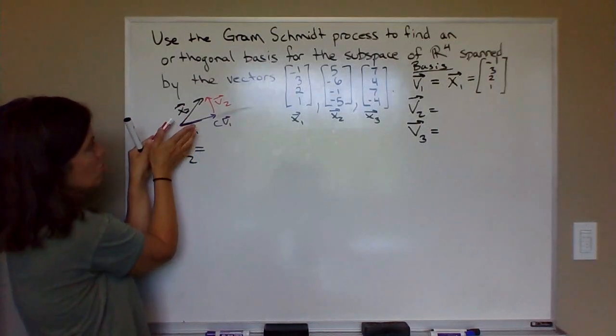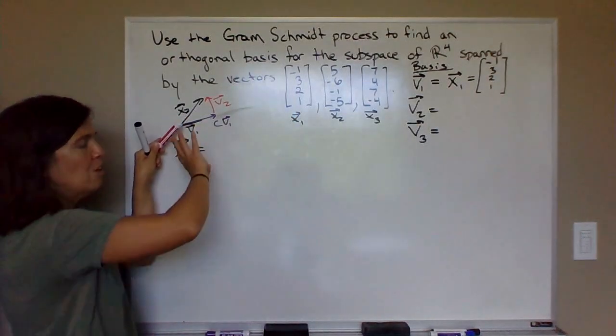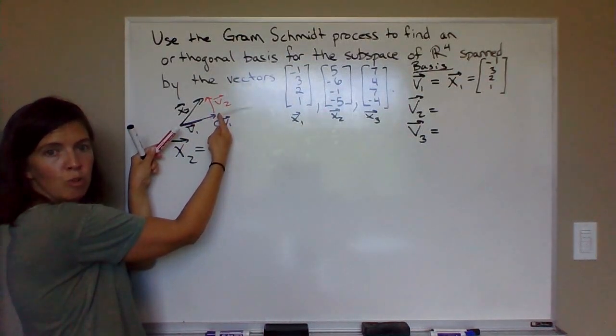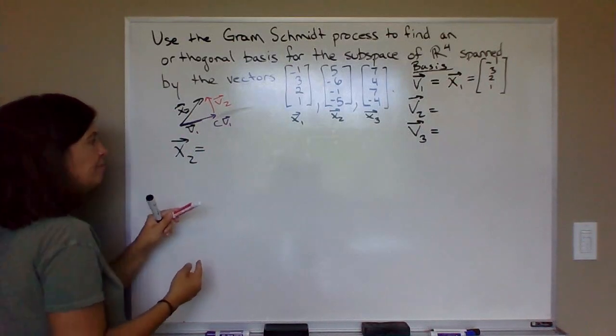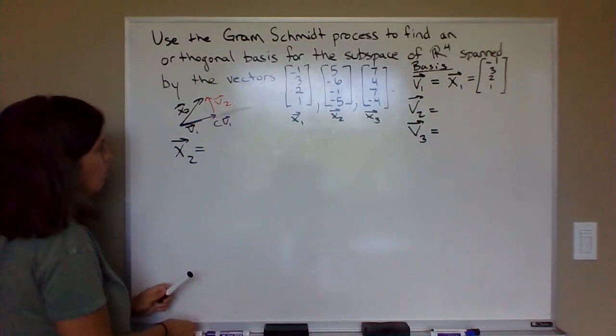So we want to take x2 and say, okay, part of this is already in the span of that first basis vector. I don't need that. That would be redundant. All I need is the component that's orthogonal to v1. So I want to pull just the orthogonal component out of x2. That's the goal.